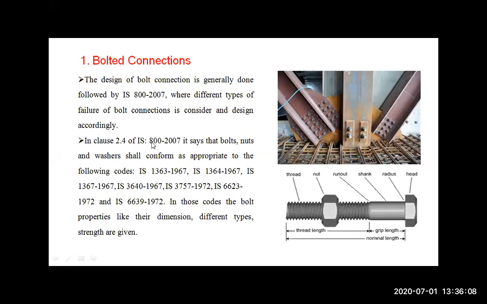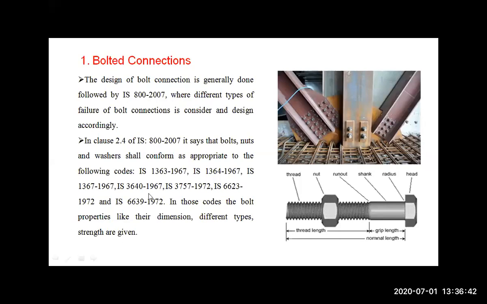Now in clause number 2.4 of IS 800 2007, it says that the bolt, nut and washer shall conform, as appropriate, to the following codes. So there are many IS codes for washers, bolts and nuts. In all those codes, the standard sizes of bolts available in the market are given, and the specific strength of particular bolts is also given.